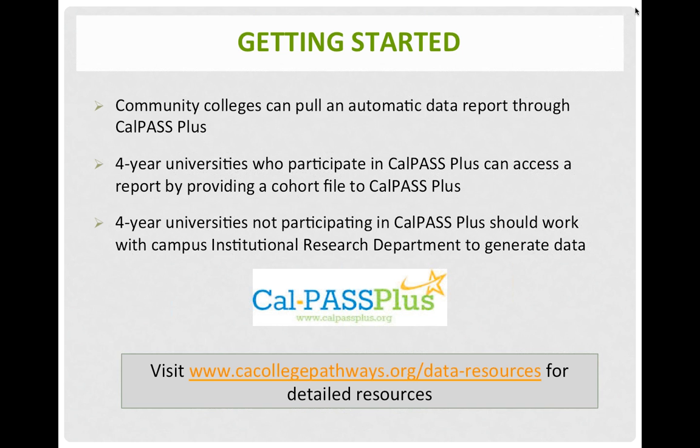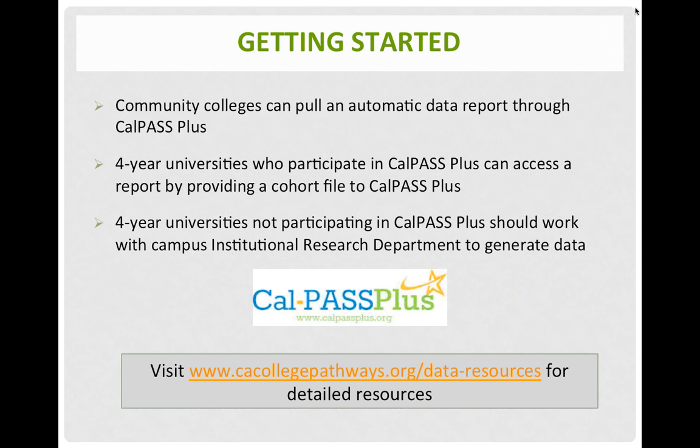Four-year universities that do participate in CalPass Plus can also pull this report by providing a cohort file, a list of all the foster youth, directly to CalPass Plus, and then they can pull data such as GPA, retention, graduation rates, etc. If a four-year university does not participate in CalPass Plus, then it would have to work with its individual campus institutional research department to generate the data from its own internal MIS system.